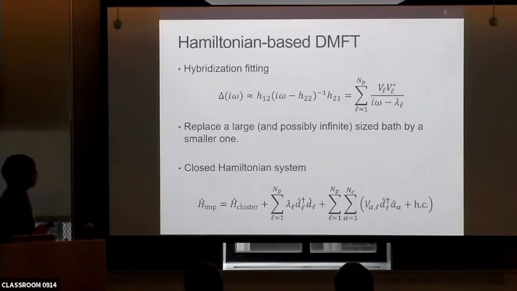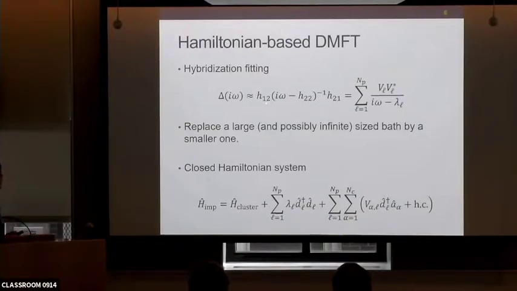Hybridization fitting is basically: you have a matrix Delta(iω), let's say it's an n by n matrix. You want to factorize it, it's a fitting procedure, into a low-rank form, parameterized as H12 (iω − H22)^(-1) H21, with iω running through the imaginary axis, where I have assumed the chemical potential is 0.